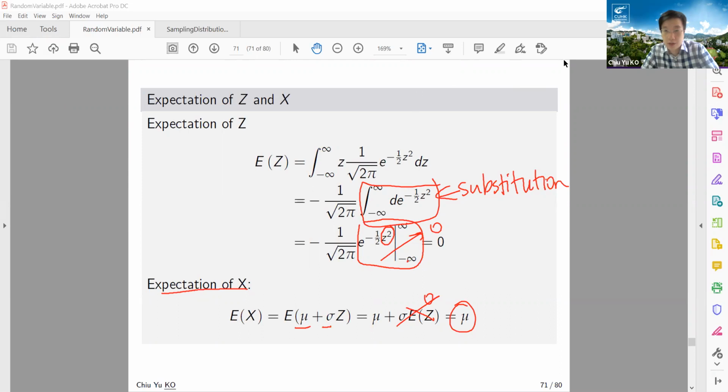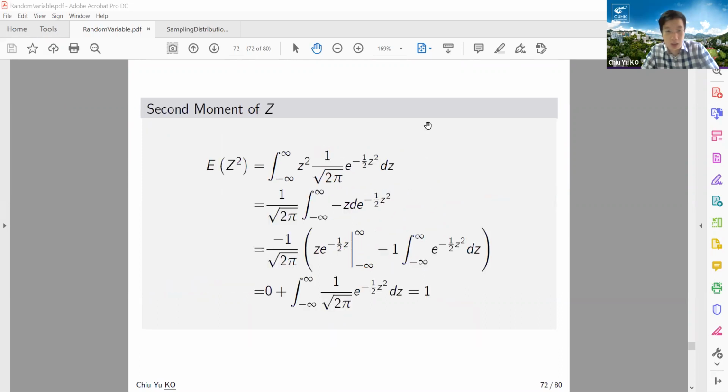Any question? For this part, I just highlight the second moment is Z squared, and this is just the standard substitution method.